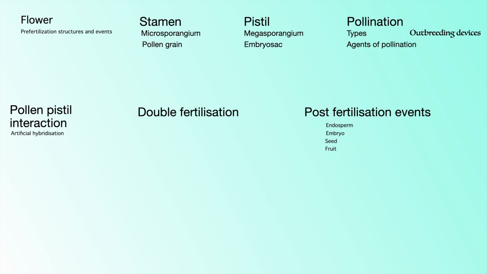We know that the production of seed is an evolutionary advancement. There should be advantages of forming seed. So we will see. Pollination and fertilization in angiosperm plants doesn't depend on water.